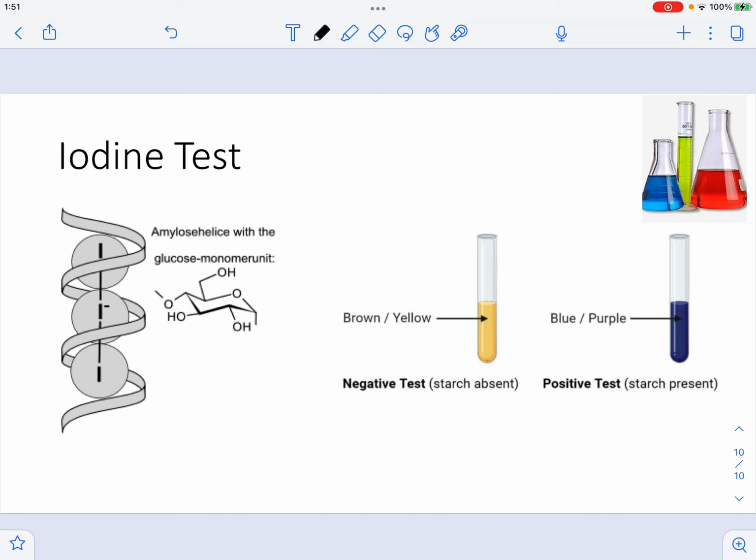So if there's a starch in your sample, the transition from starting in the brown-yellow area to a product that is blue-purple identifies that a starch is present in the sample.